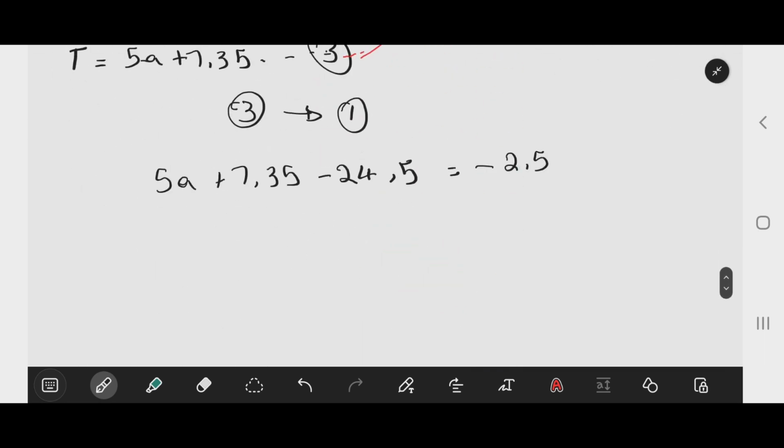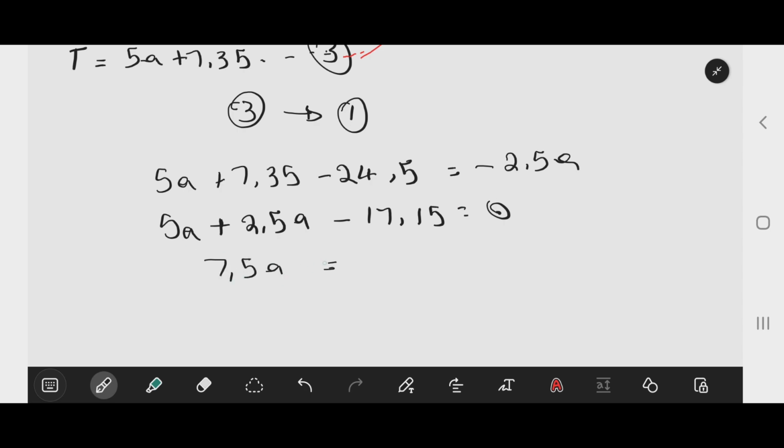Negative 2.5a. So let us solve for acceleration. If I take this negative 2.5a to the left-hand side, that would be 5a plus 2.5a, and then 7.35 minus 24.5, that would be negative 17.15, equals 0, and that would be 7.5a equals positive 17.15.